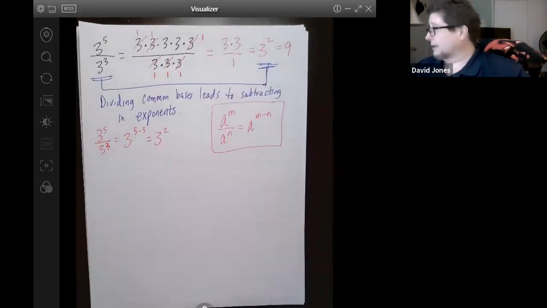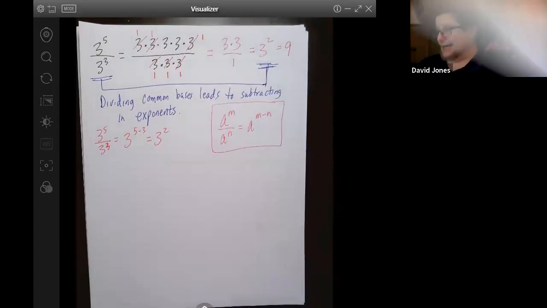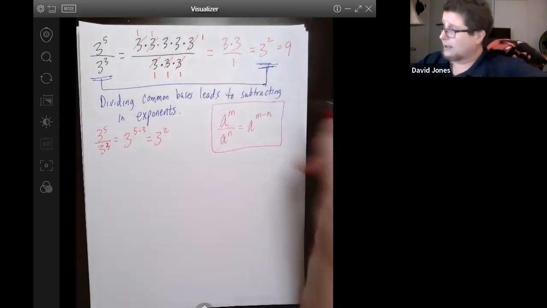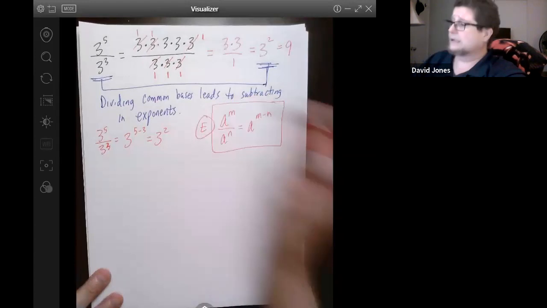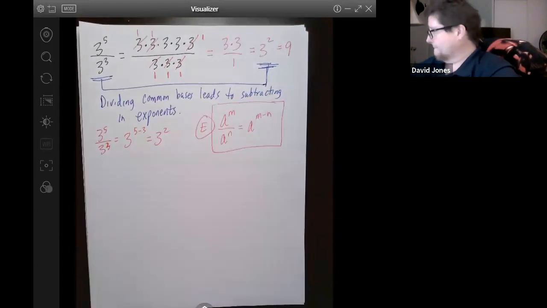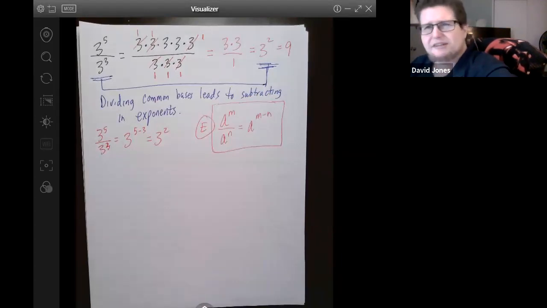What letter am I on? I'm on E. Let's call that E. And now earlier I told you x to the 0 equals 1. Now I'm set up to prove it.